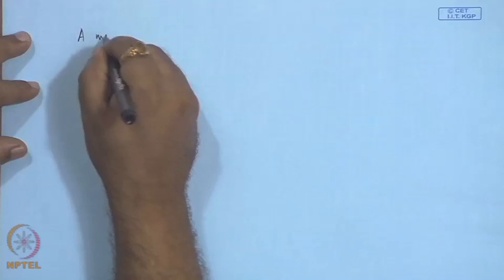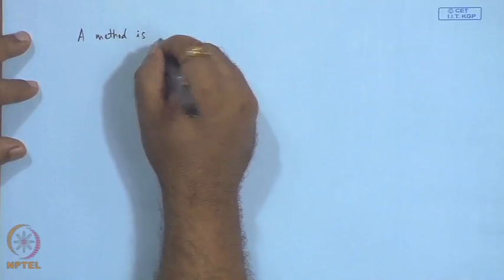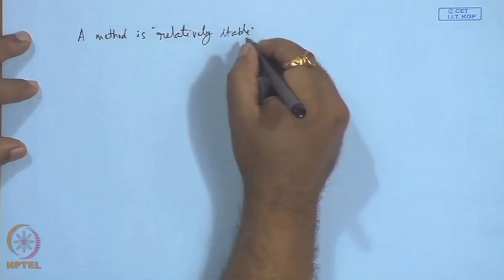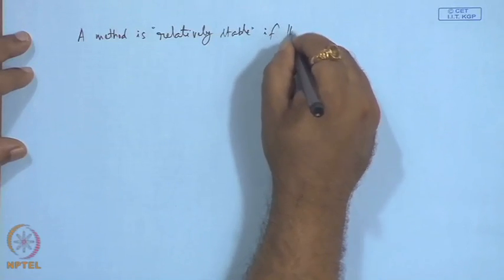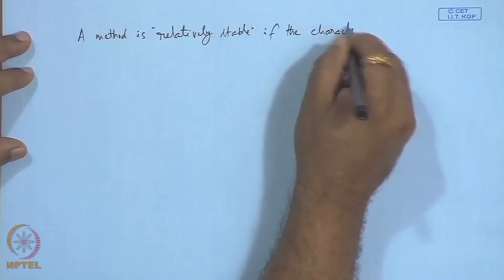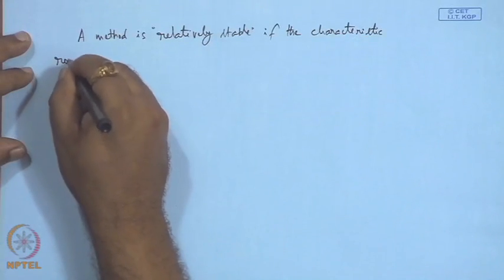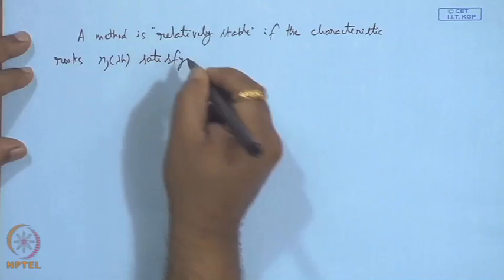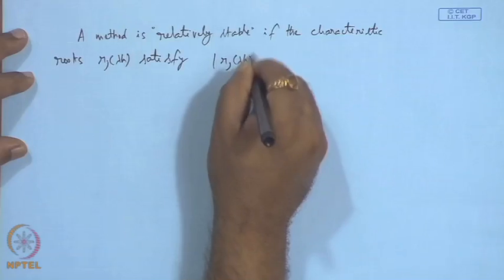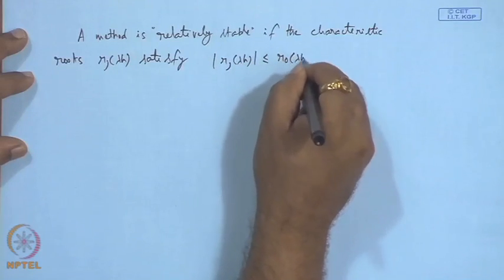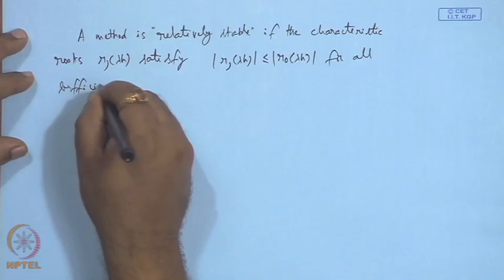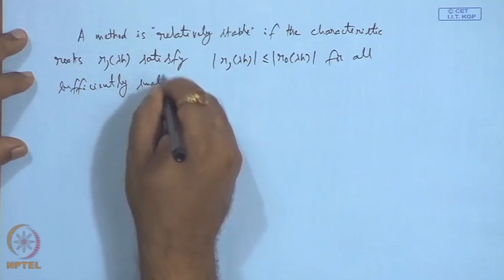So, a method is relatively stable if the characteristic roots satisfy the magnitude condition for all sufficiently small lambda h.